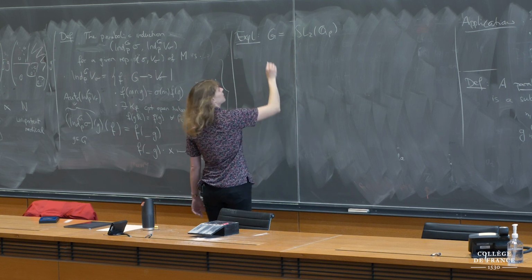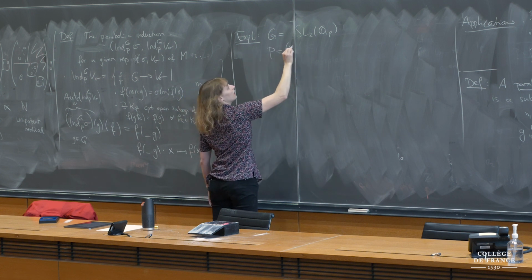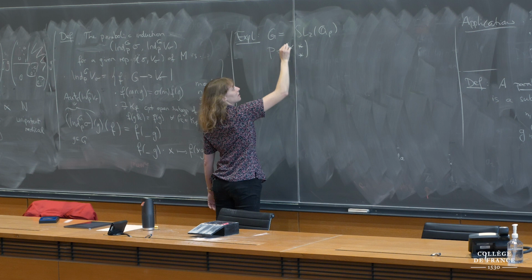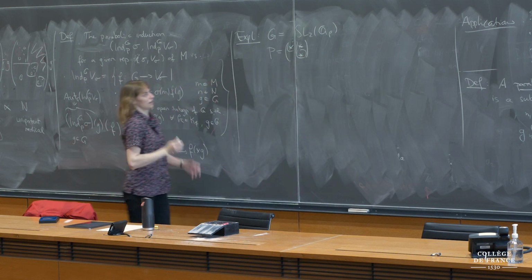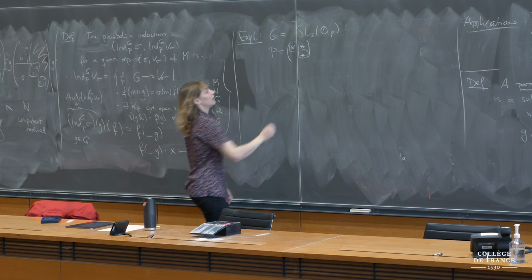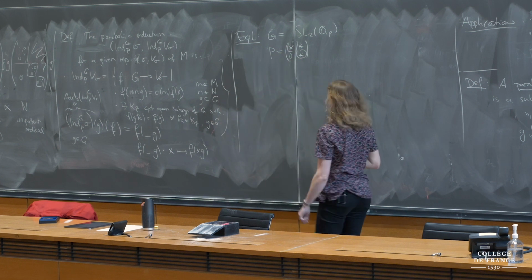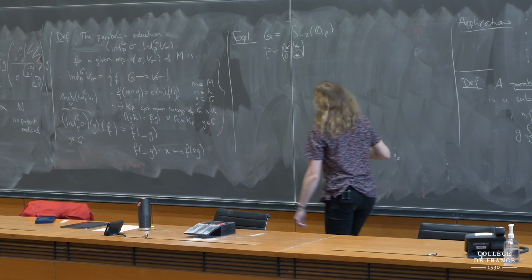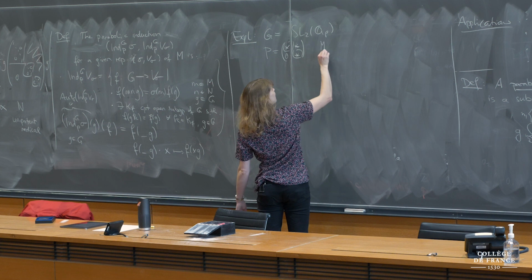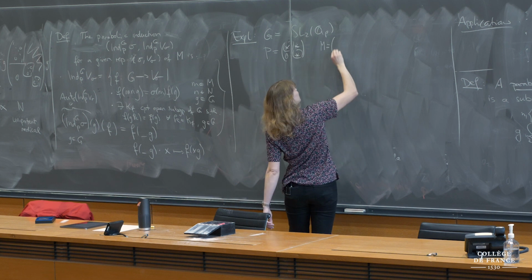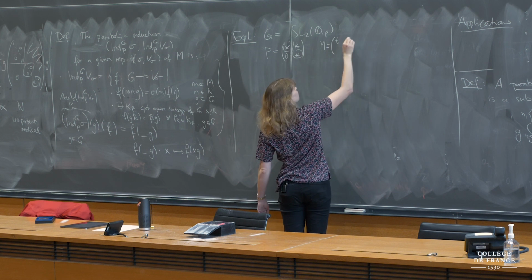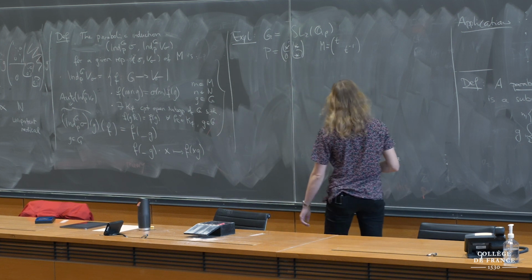And let's take, as my parabolic, the upper triangular matrices. So the blocks are just these one entry blocks, one by one blocks. And so that means as my M, I just have the diagonal matrices. So they look like t, t inverse, because I know that I'm in SO2.